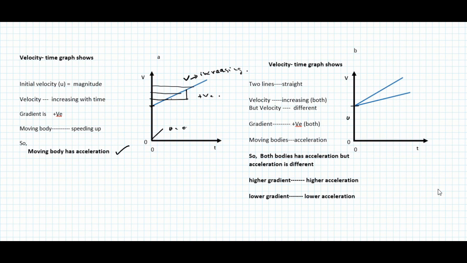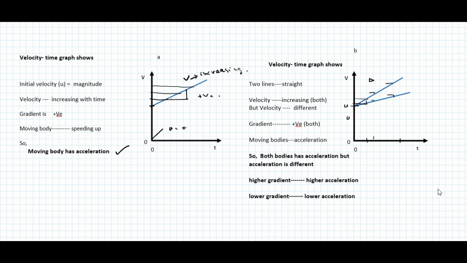In the velocity time graph B, we have two straight lines with positive and different slopes. Both moving bodies start with the same initial velocity u at time t equal to 0, but have different velocities with time t. Both lines are straight, so have uniform change in velocity. The line with higher positive slope has higher change in velocity.